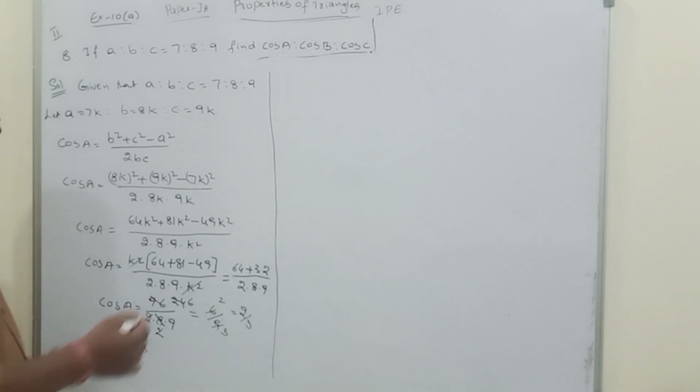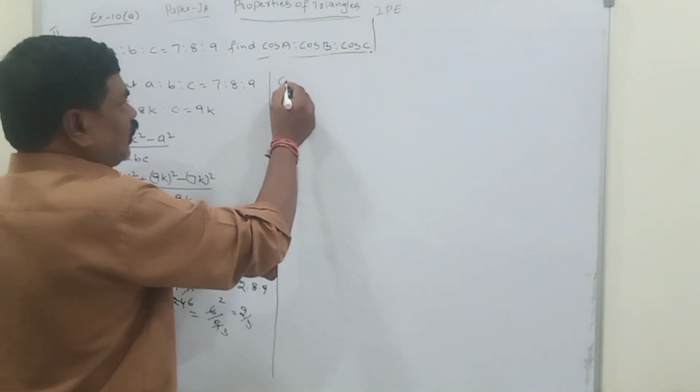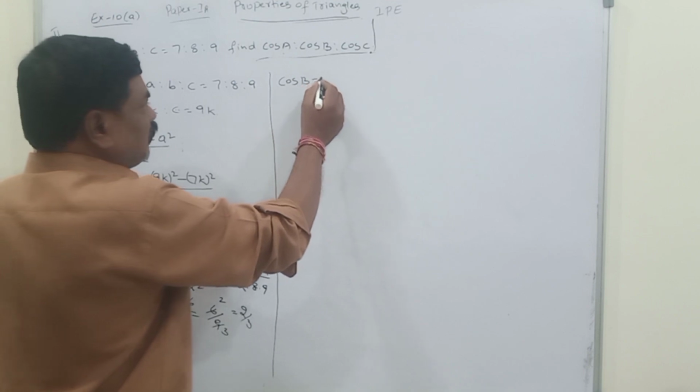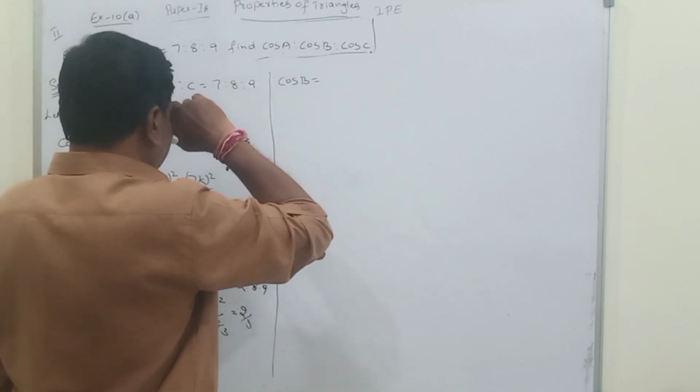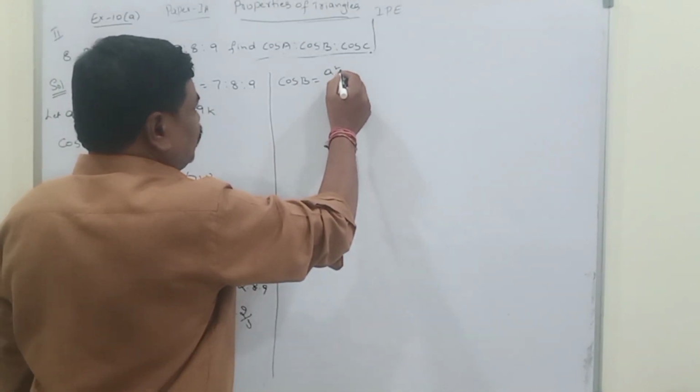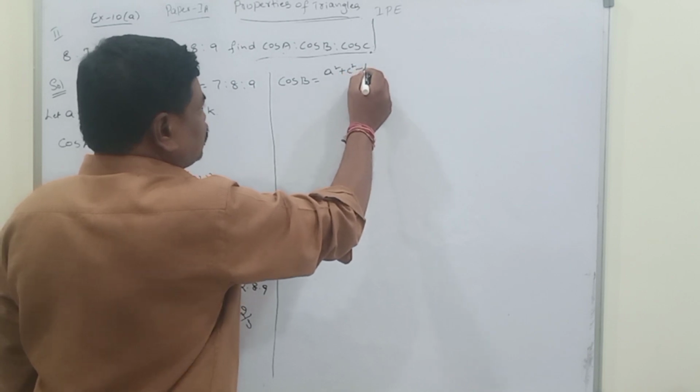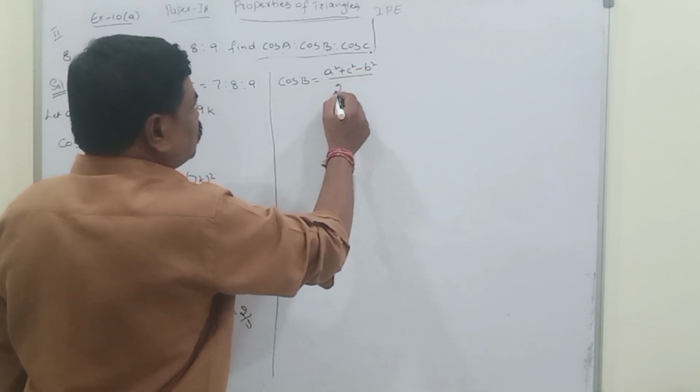So next we have to find the cos B value. What is cos B? Cos B is equal to (a square plus c square minus b square) by 2ac.